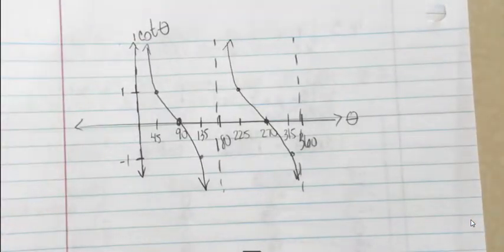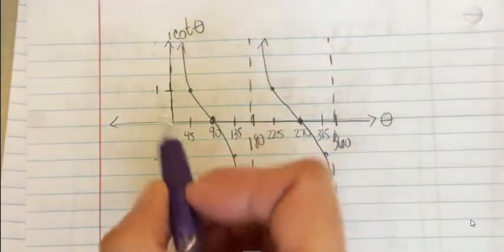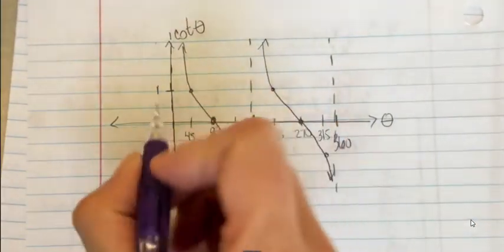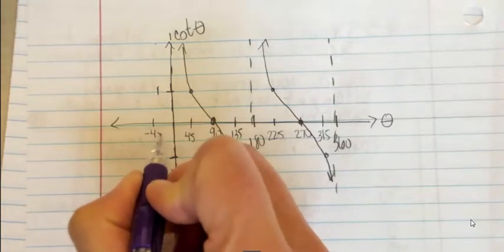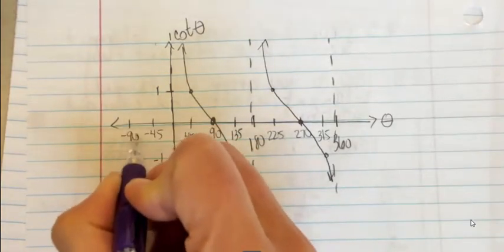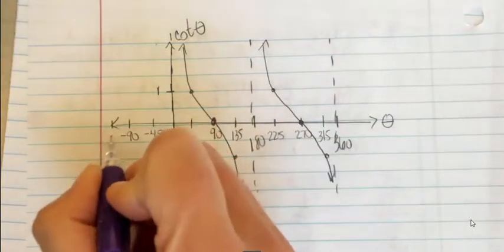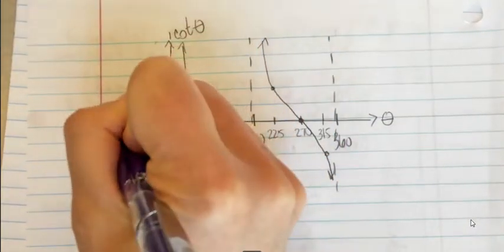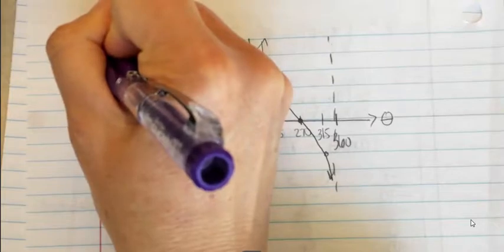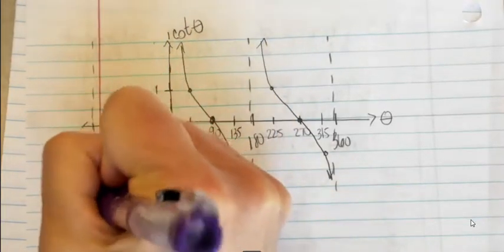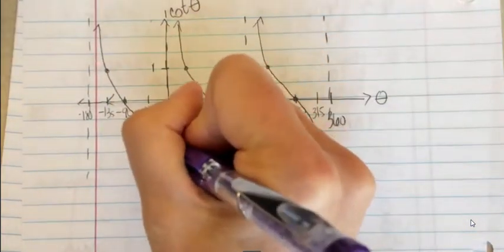I think we're good enough there. We got the point. But again, think to yourself, if you went backwards, you'd be undefined at -180. And your graph would just continue the same way it's been going. Oops, I missed that point, but something like that.